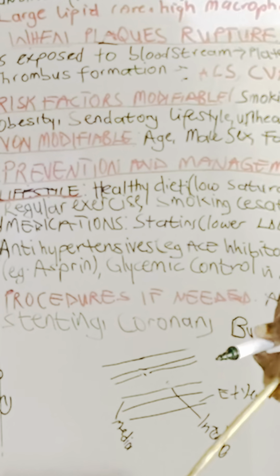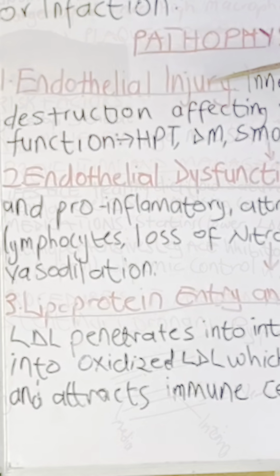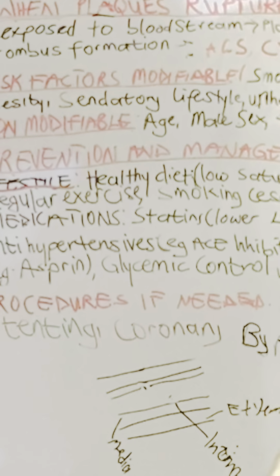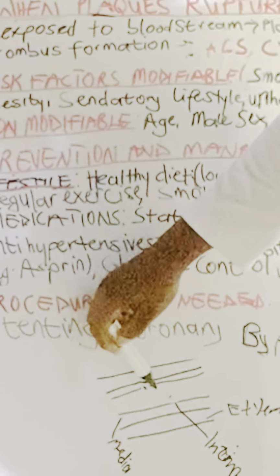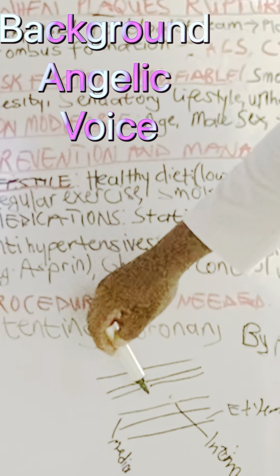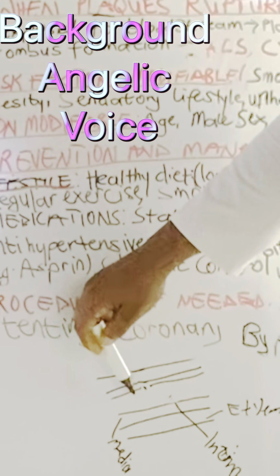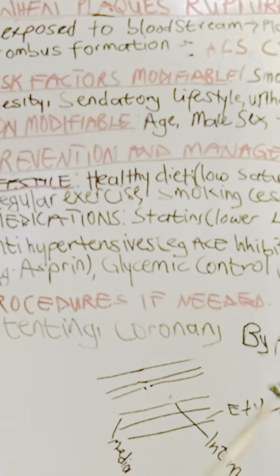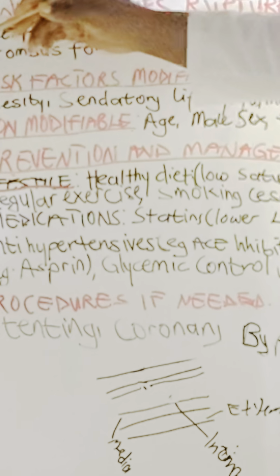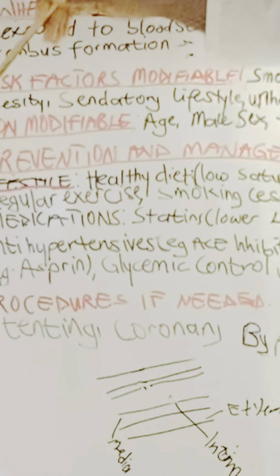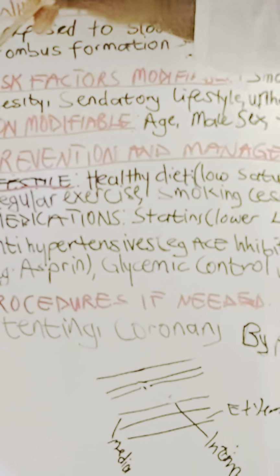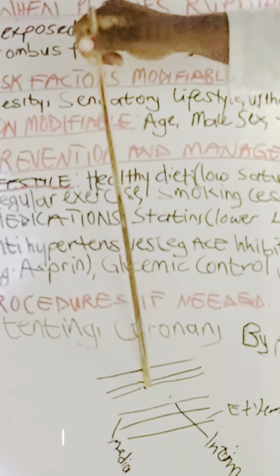So you realize that after your endothelial injury, there's endothelial dysfunction, in the sense that because there's damage here, the artery will not function as it's supposed to. What will happen is that you're going to have your nitric oxide being lost. Nitric oxide inside the artery will be lost.